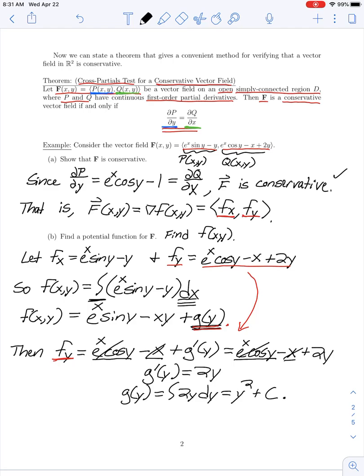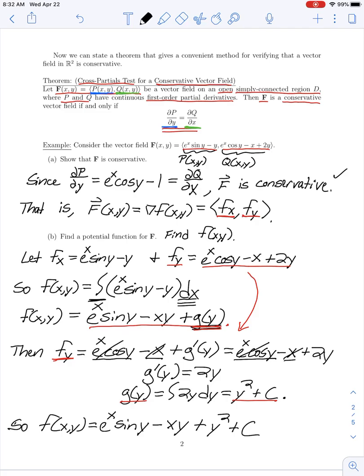So now, taking this expression that we just found for g of y and substituting it back into this expression that we found for f of x earlier, let's see what we have for our potential function. So we had f of x,y was of the form e to the x sine y minus x times y plus g of y, and we just found g of y to equal y squared plus some constant.